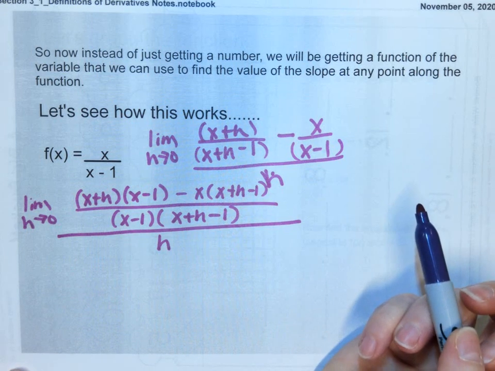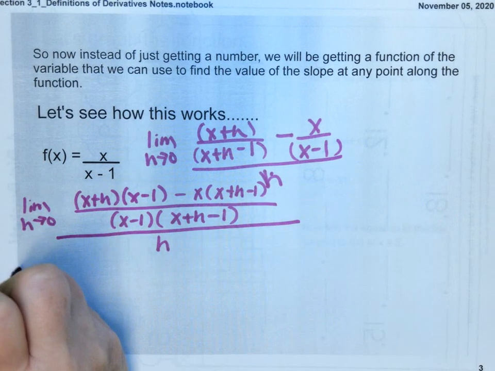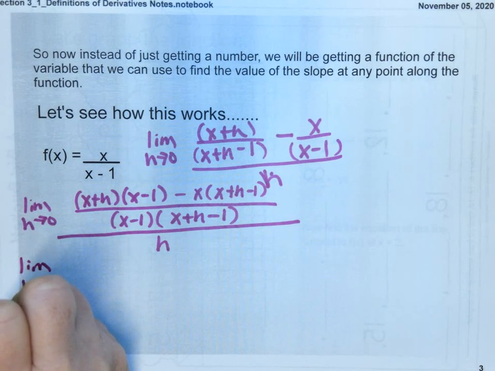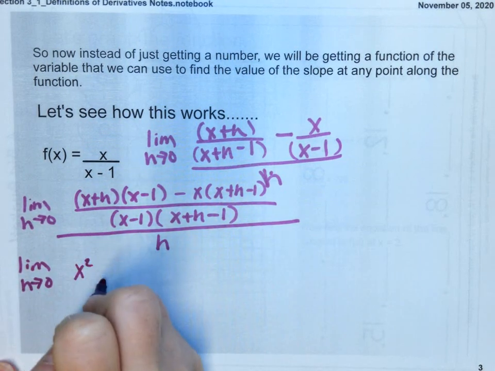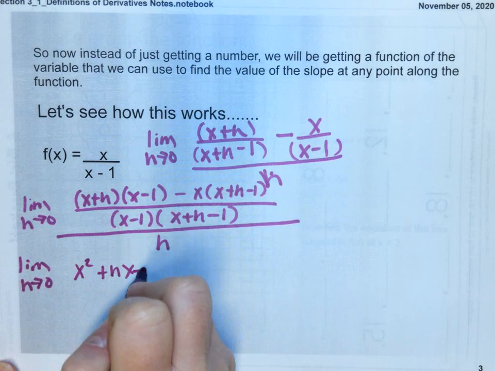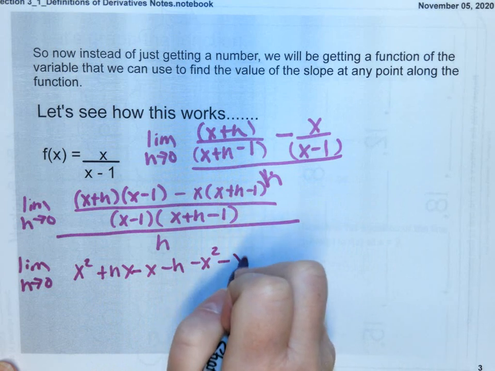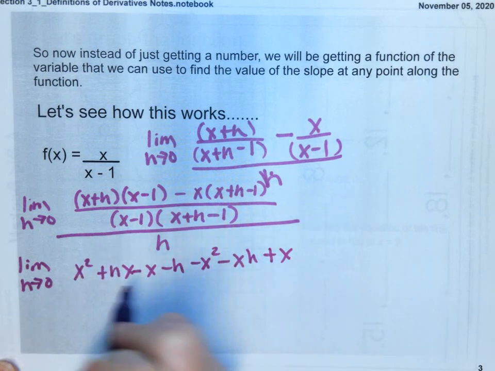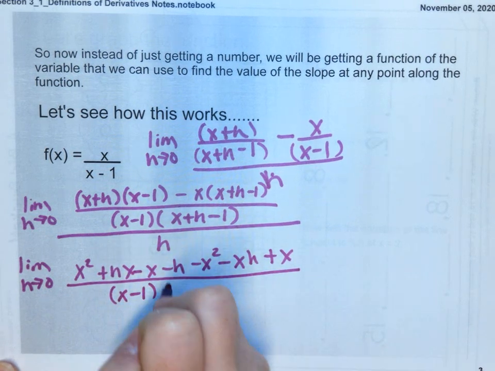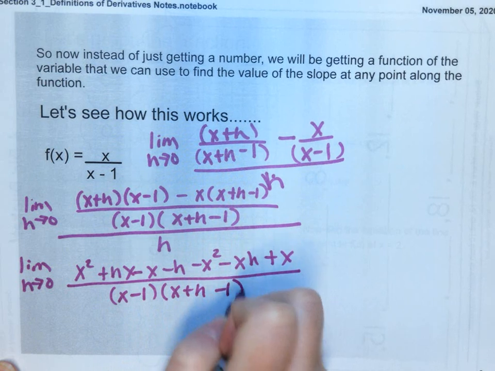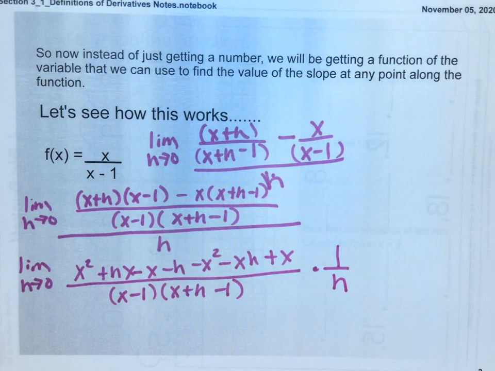Okay, so now I got to do some math. Yay, some math. So now I have the limit as h approaches 0. Multiplying that out, I get x squared plus hx minus x minus h minus x squared minus xh plus x over my common denominator, x minus 1 times x plus h minus 1, and I'm going to multiply by 1 over h to get rid of that sucker.